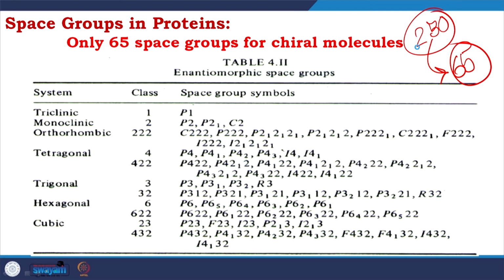We talked about the combinations and operations, and how that gives a system of 14 Bravais lattices in 7 crystal systems. We talked about the space groups, and we ended up understanding that in proteins there are 65 space groups instead of 230 because of the chiral environment present in proteins.